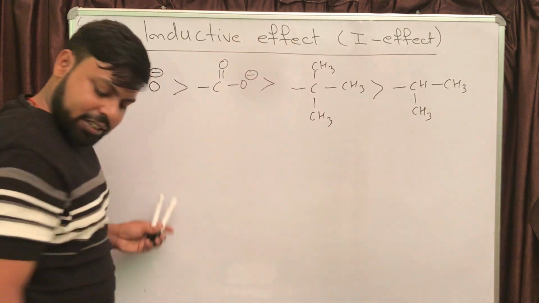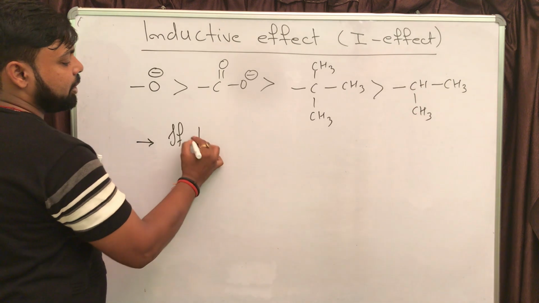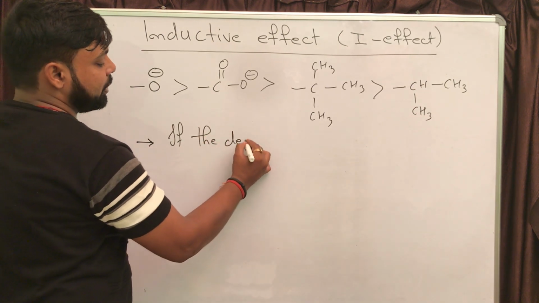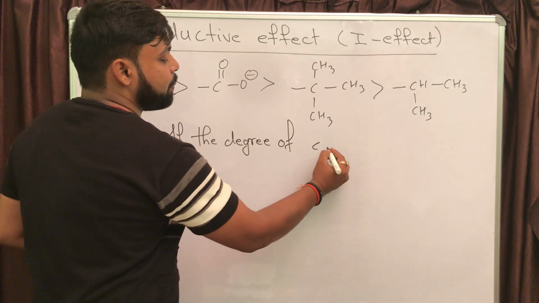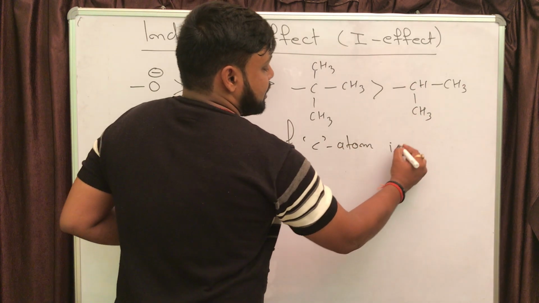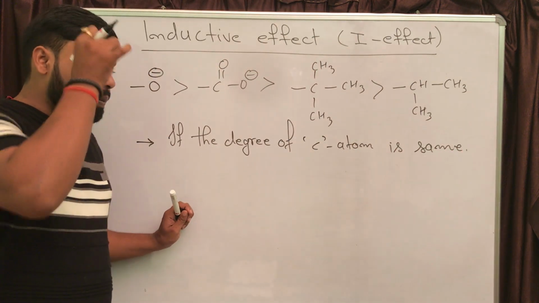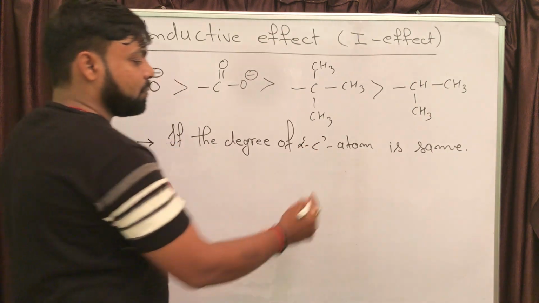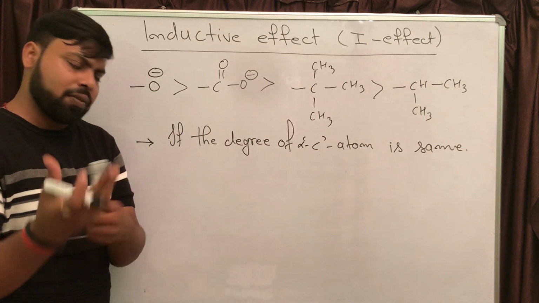One statement is, if the degree of carbon atom is the same. Which carbon atom? You can say it is the alpha carbon atom, which is going to be directly attached with the particular chain or functional group.